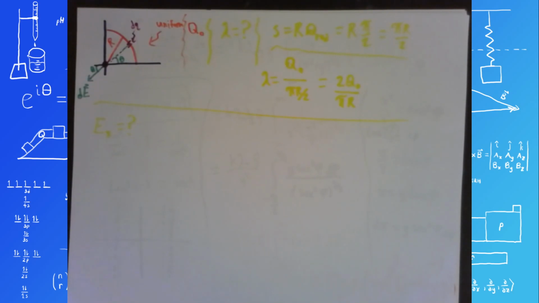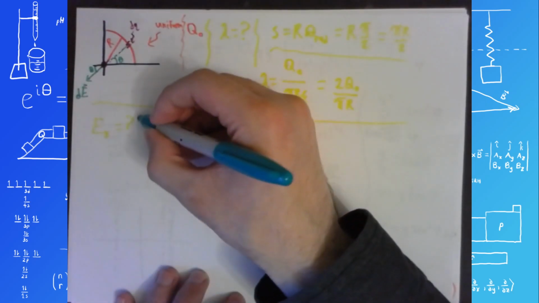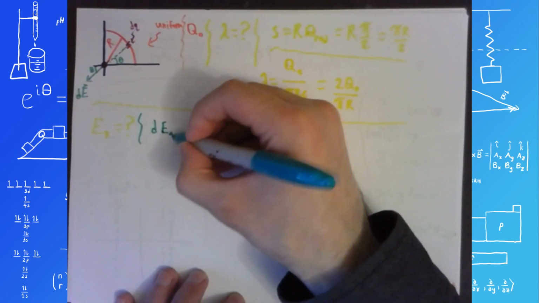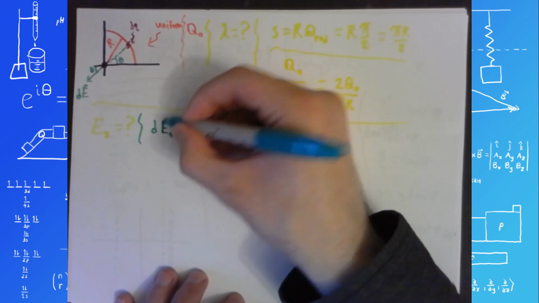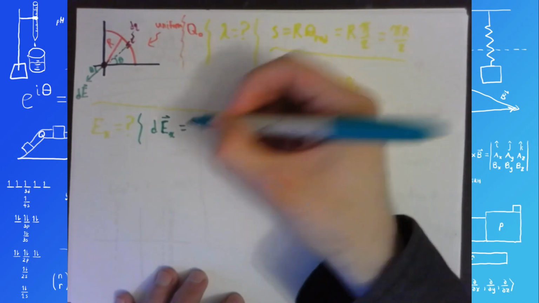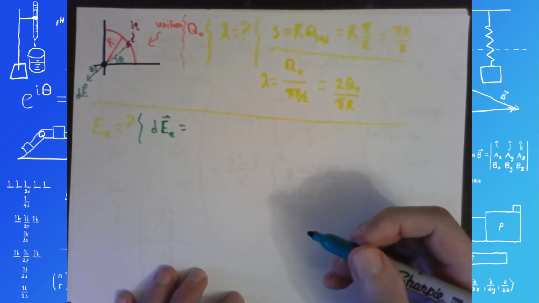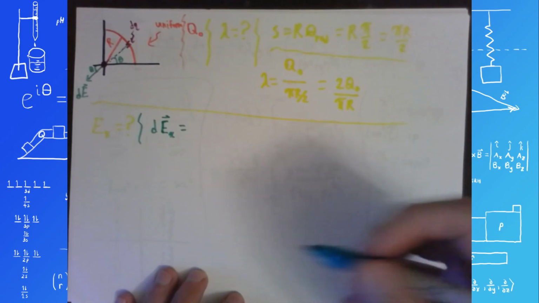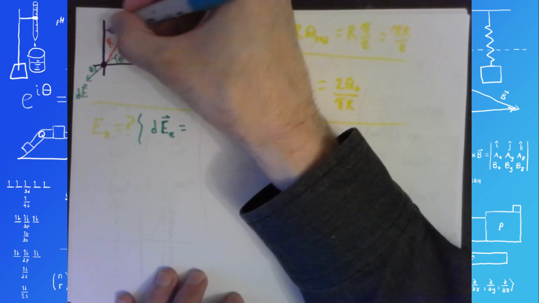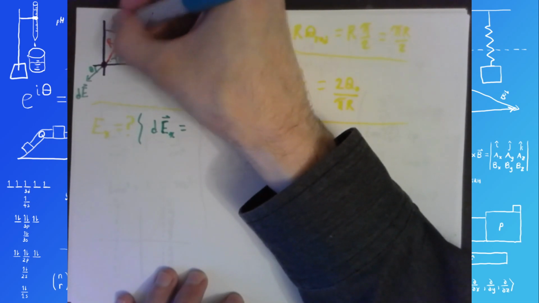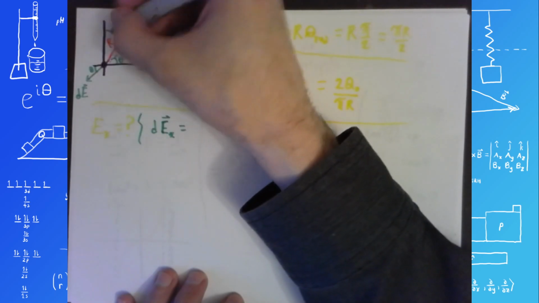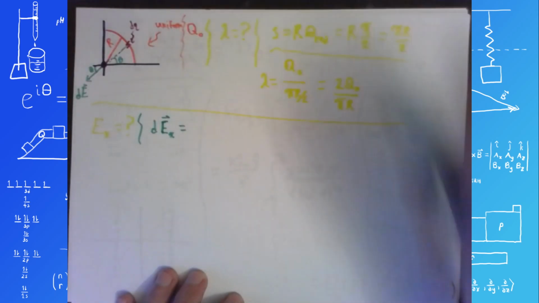And for dEx, every single x component I'm going to have, whether it's this point that I picked for my dq or any other point along the arc, you can see that if it has an x component at all for the electric field that it produces, the x component is going to be to the left.